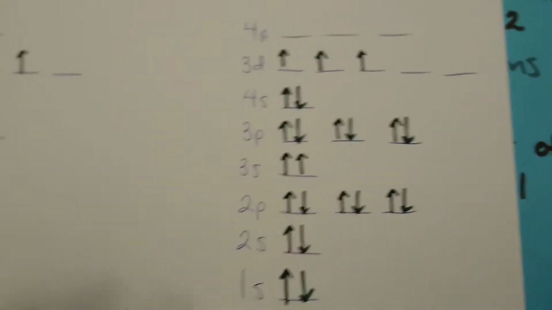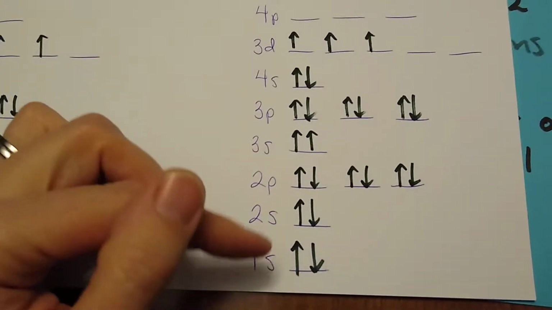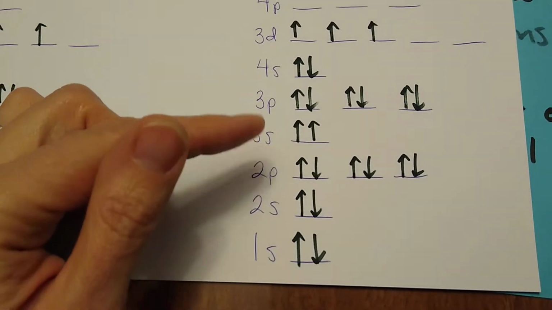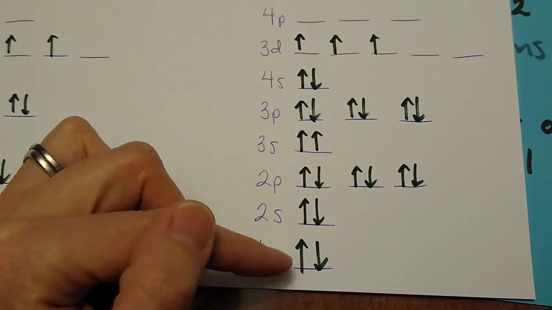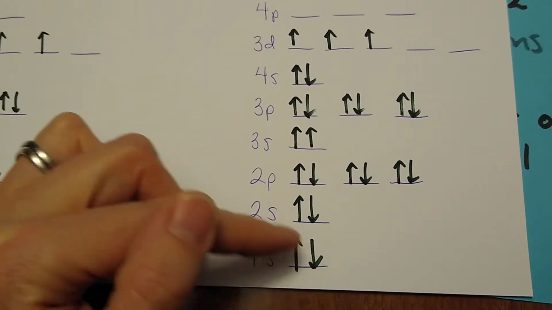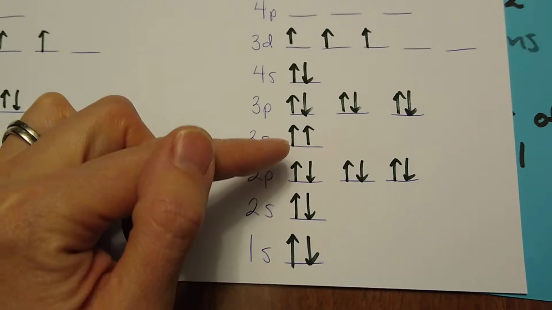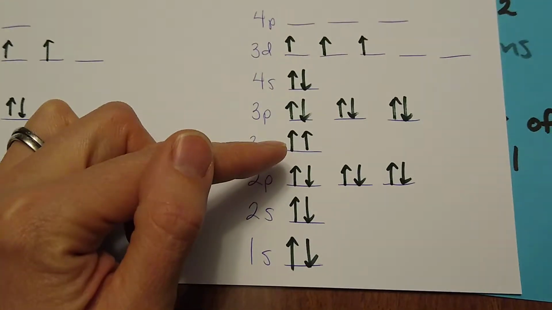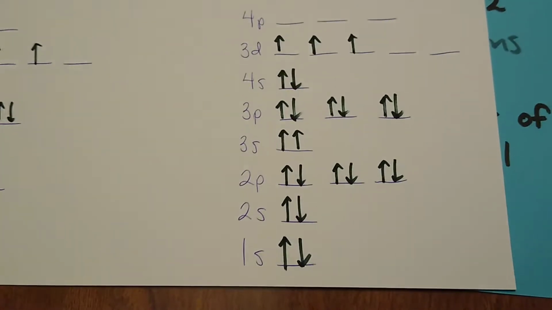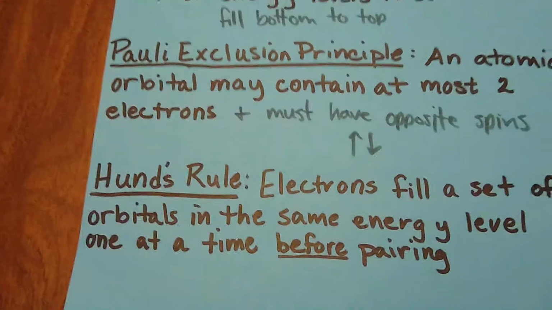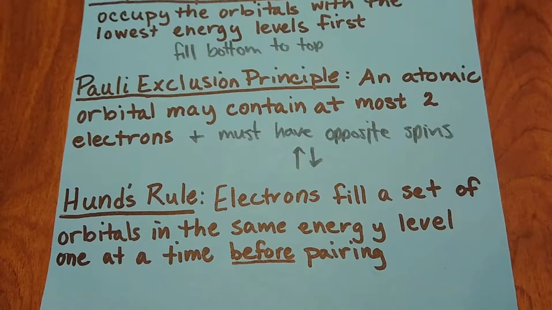Okay. Now, if we look at this one, I am filling from the bottom to the top. I have two electrons here with opposite spins, 2 here with opposite spins. This one looks good, but right here, they have the same spin. That is a violation of Pauli's exclusion principle because they must have opposite spins.